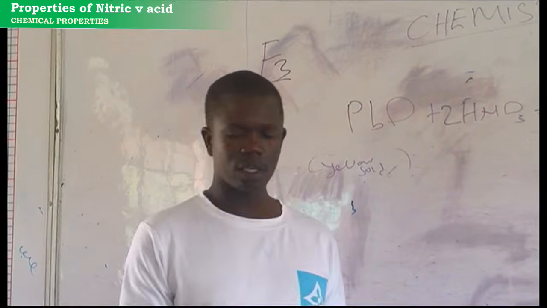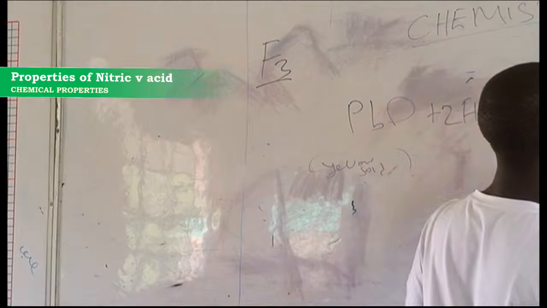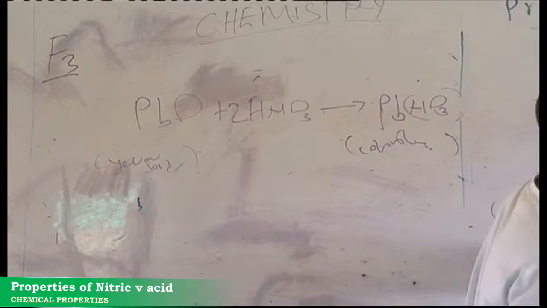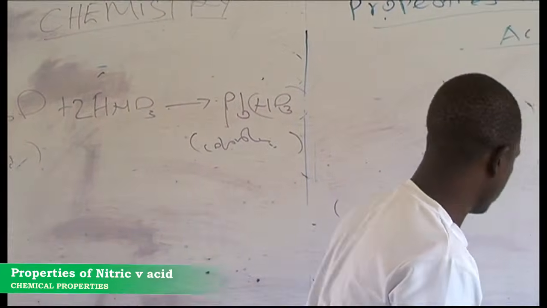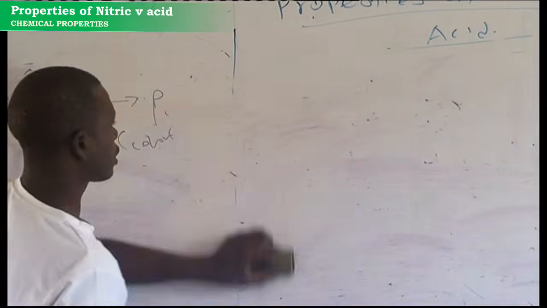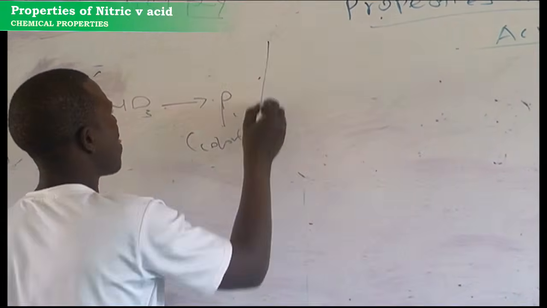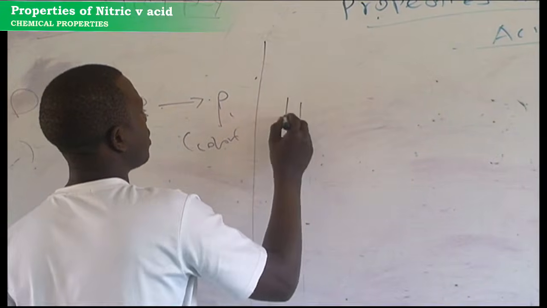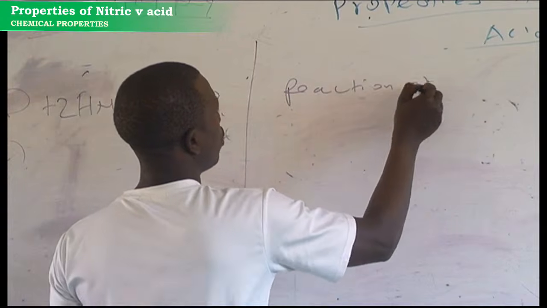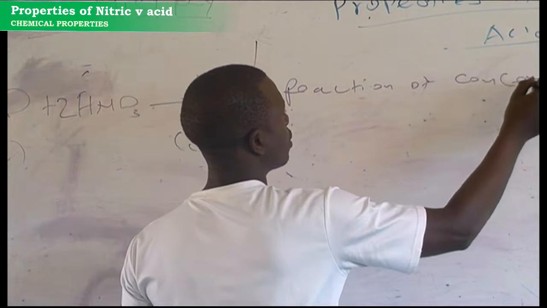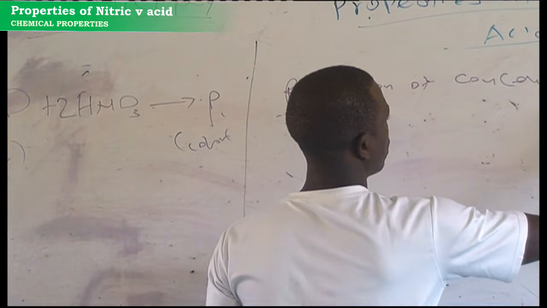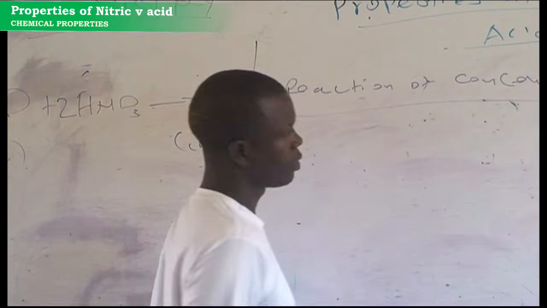So let us also look at concentrated nitric acid, the one which has a high number of hydrogen atoms per unit volume.